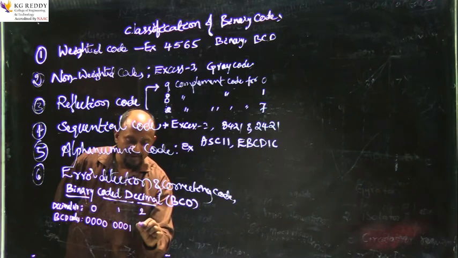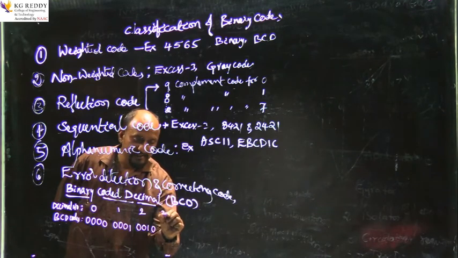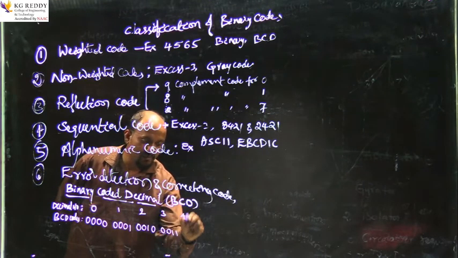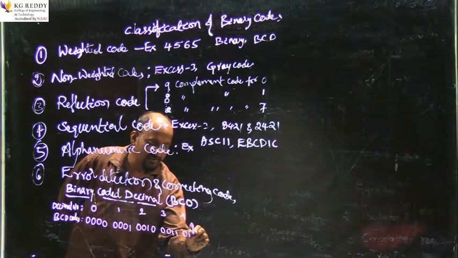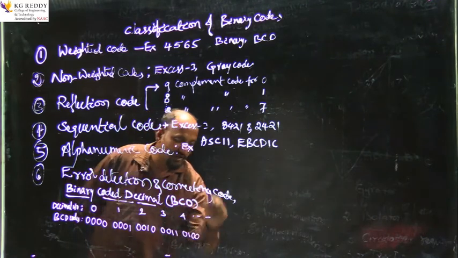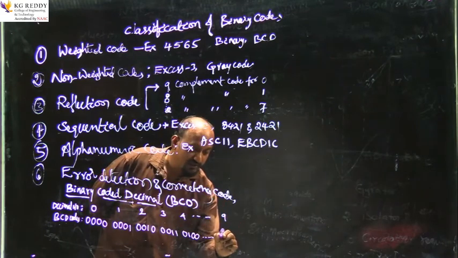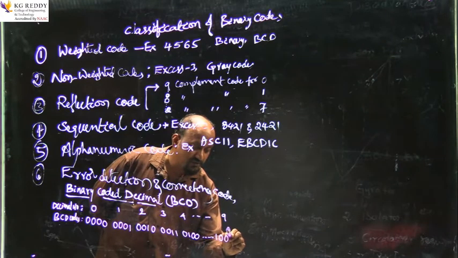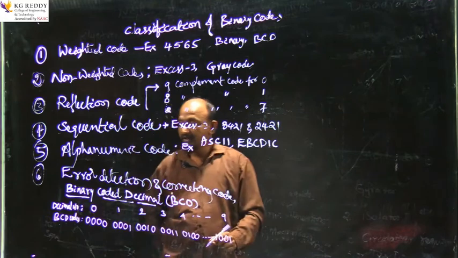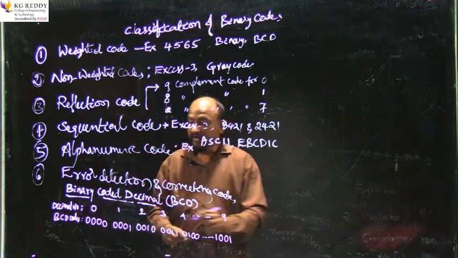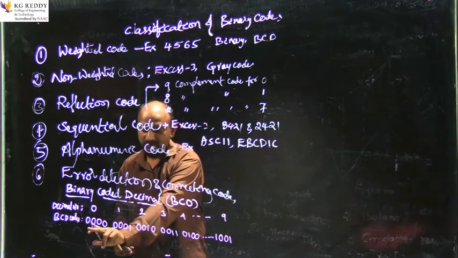Decimal 2 is 0, 0, 1, 0. Decimal 3 is 0, 0, 1, 1. Decimal 4 is 0, 1, 0, 0, and so on. Decimal 9 is 1, 0, 0, 1. Okay, these are the decimal numbers from 0 to 9, and the BCD codes from 0 to 9.